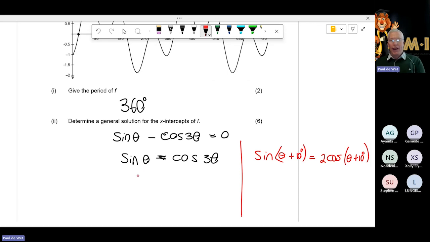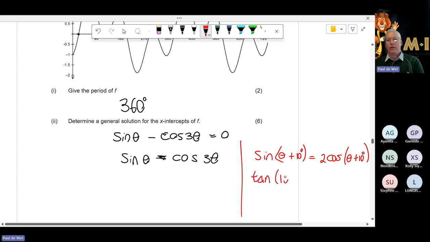Who can tell me, what can I do with the red one? The red one's easier, I think. What can I do with this red one? You can divide by cos of theta plus 10 degrees on both sides. And what will I get? Sine of theta plus 10 degrees equals 2. Well done. Guys, do you agree? That's now much better.